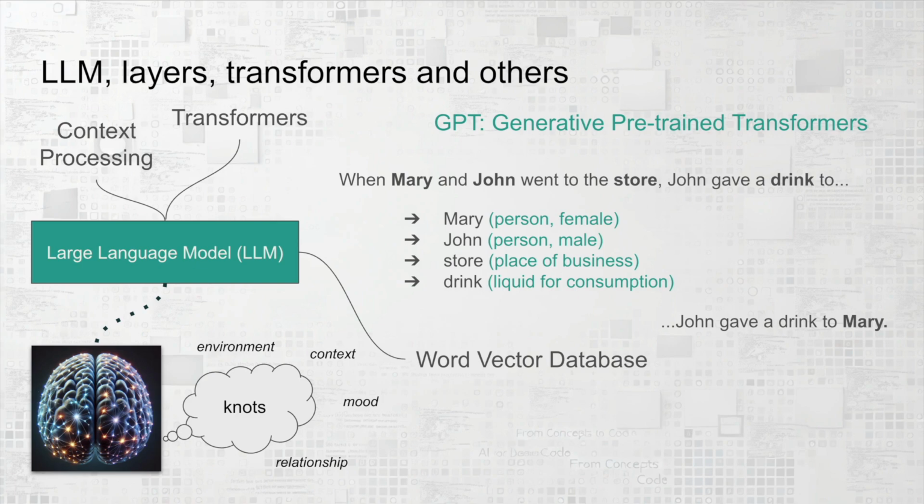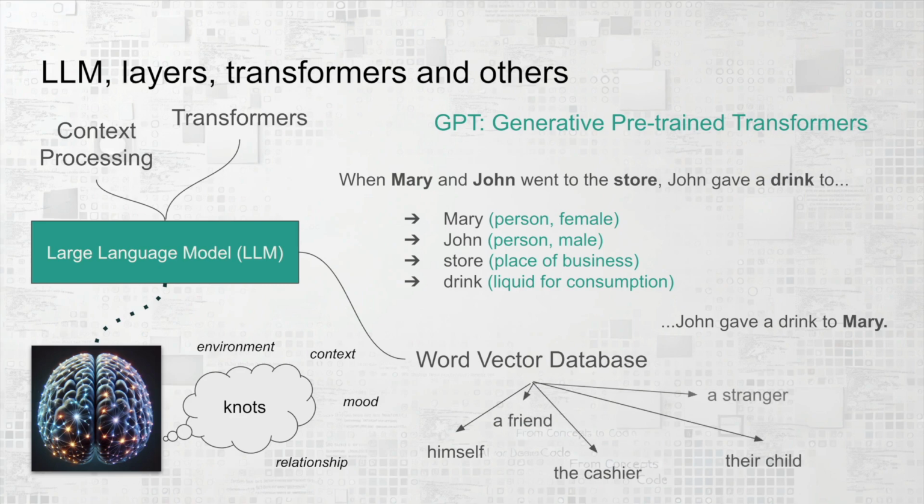Words in this database are represented as vectors. Think of them as mathematical points in space. The model analyzes the relationships between these word vectors to predict which word should come next. For example, in our sentence, the model might predict that Mary is the most likely recipient of the drink given the context.